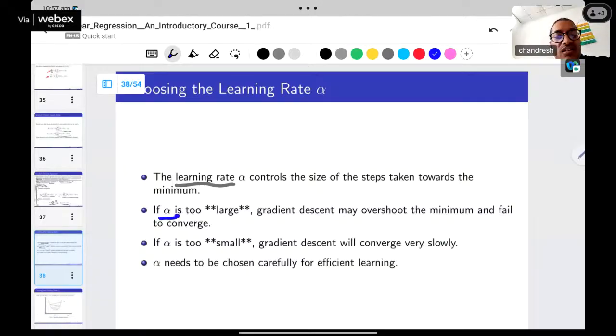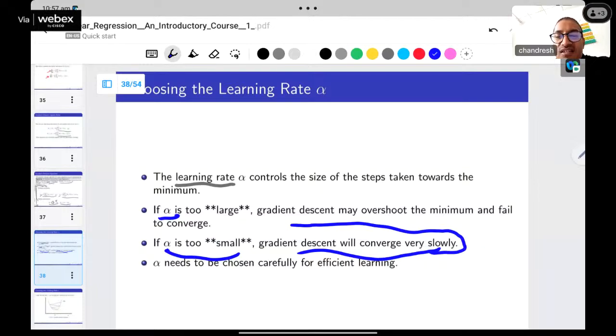Having a very small value of alpha will take a lot of time to converge. If you set alpha too small, like a baby step, it will take many iterations to go to the bottom of the hill. But if you take alpha as a very large value, then it might overshoot the minimum and fail to converge.